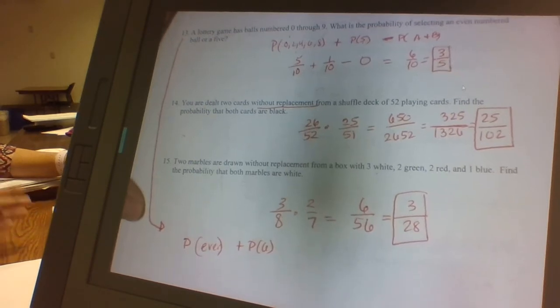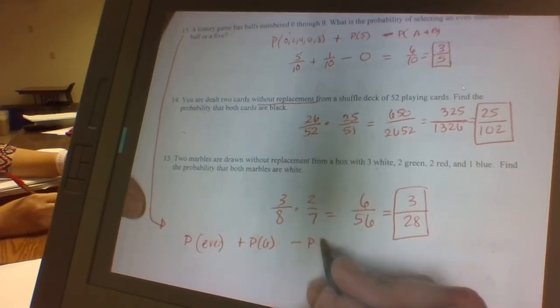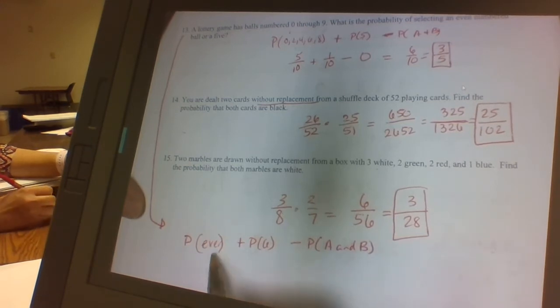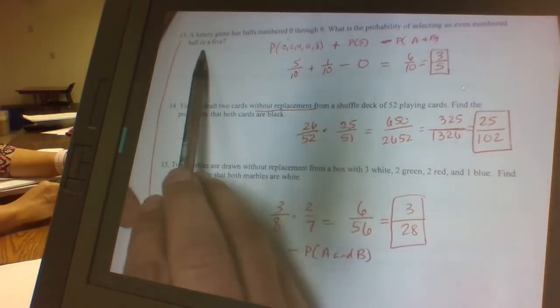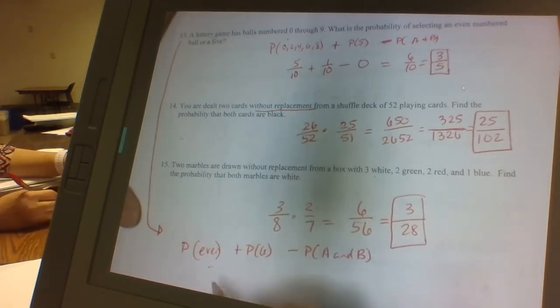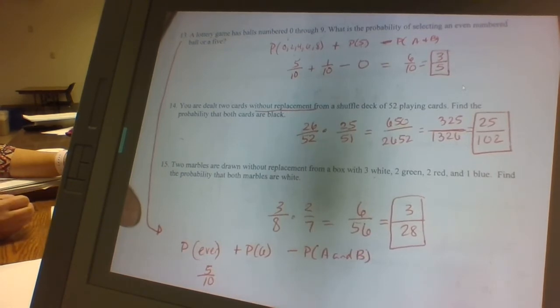So just changing it a little bit, the probability of A and B. What is the probability that those lottery balls were going to be an even? It was 5 out of 10. 5 out of 10, right?